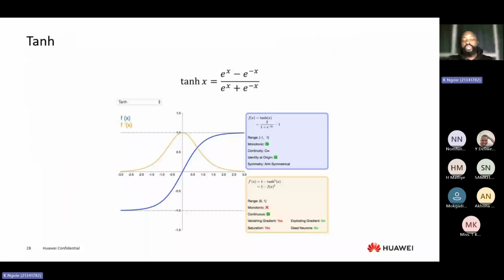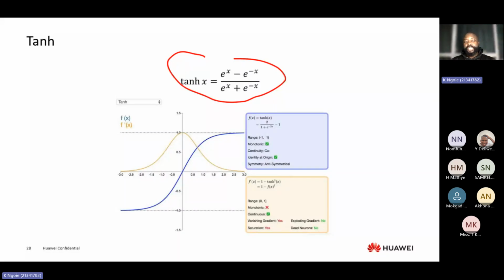Okay, so the next one will be the tanh. The tanh is also an activation function, which is represented by this formula here. The tanh just stands for hyperbolic tangent.